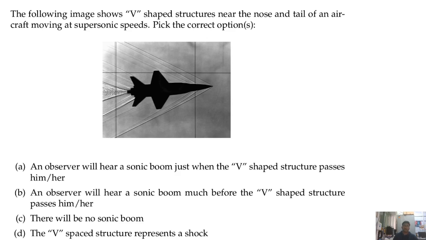So that means there is a steep gradient of the pressure at a certain point while propagating through the medium, right? So obviously this is a shock, and the observer will hear a sonic boom just when the V-shaped structure passes him or her.